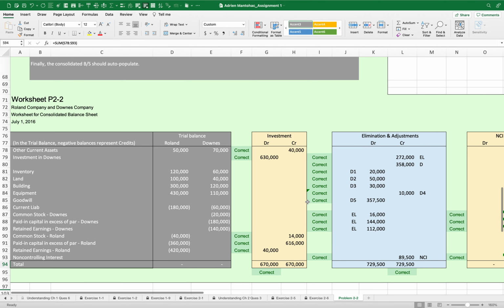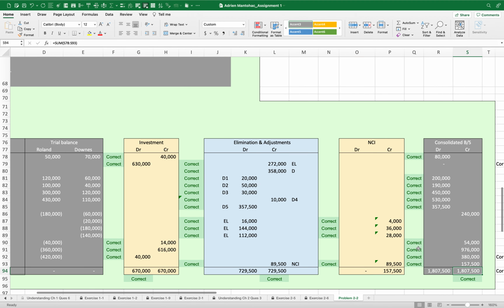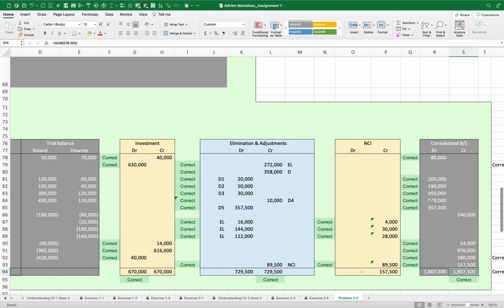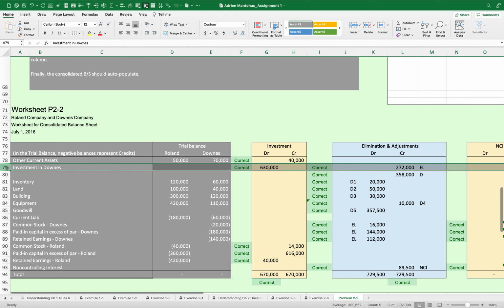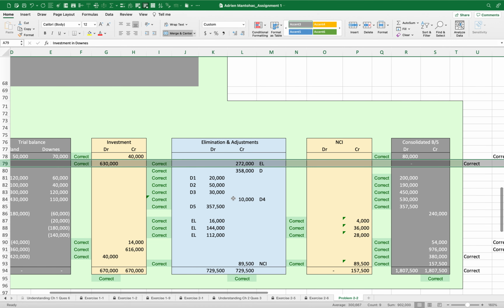Identify what the investment is for the parent, eliminate that investment, identify and distribute the excesses, identify the non-controlling share, and add up all of the assets and liabilities together in the consolidated group, and not show this investment account, right? If you notice, that line now is 0, and that's exactly where it needs to be.